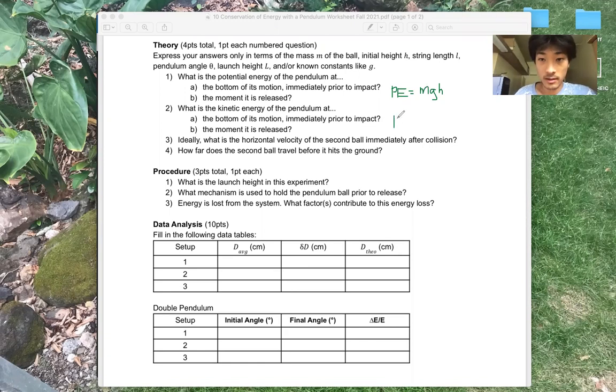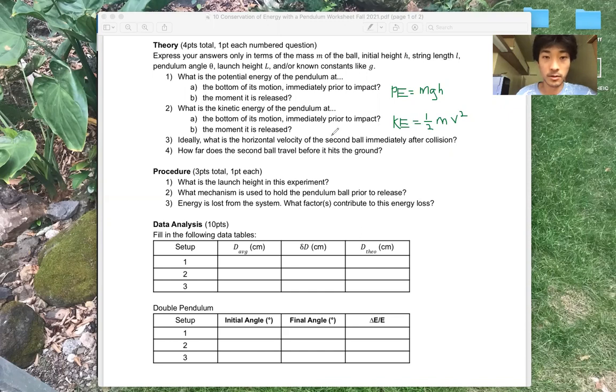So in other words, KE, kinetic energy, equals half mv squared. Again, m is the mass of your object and v is your velocity or speed squared. So this is how you would do number two.